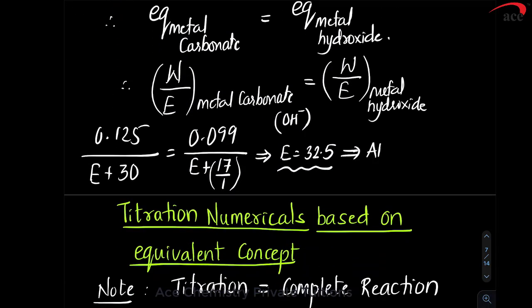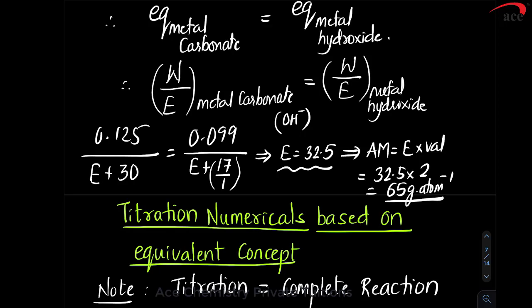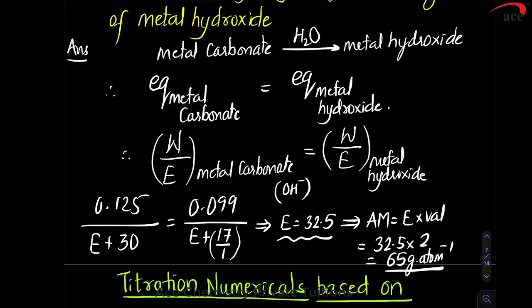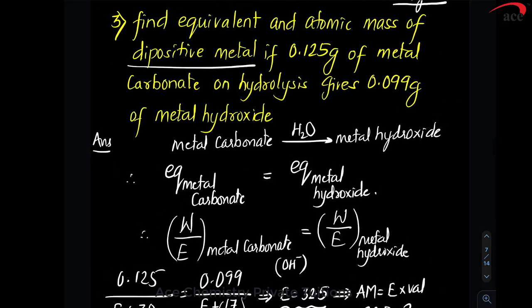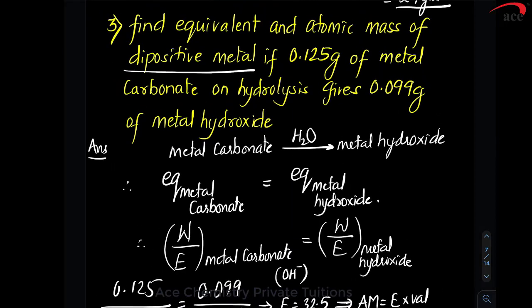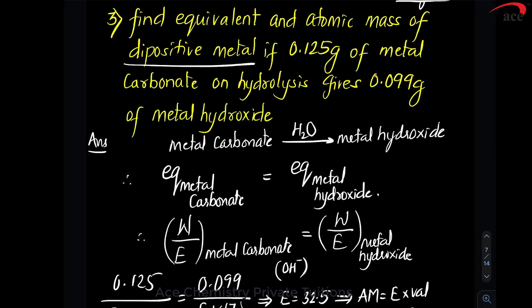They are asking atomic mass too. For that they have given it as a di-positive metal. So atomic mass will be equivalent mass multiplied by valency, that is 32.5 multiplied by 2, that is 65 gram per atom. This is how you will calculate various types of questions.